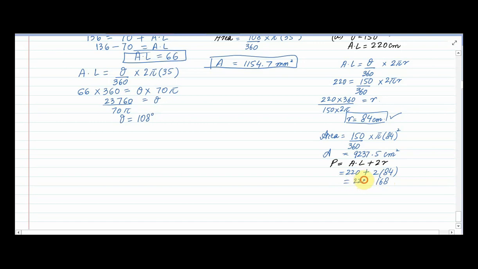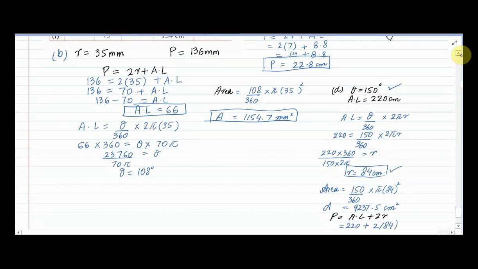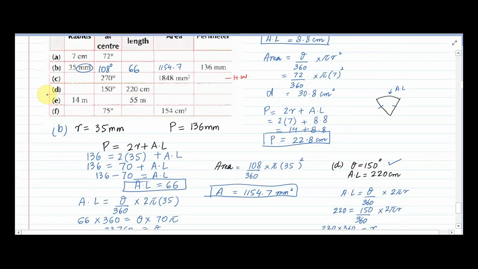So 220 plus 168, it's 388 centimeter, and that is your perimeter, right? So we have found all the things in part D. B, A, C is your homework.